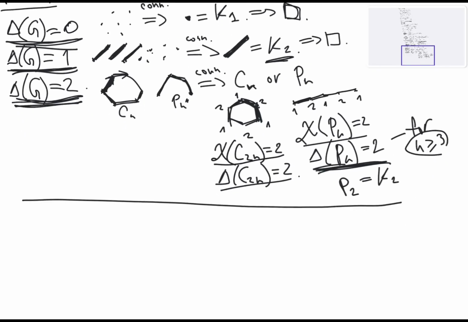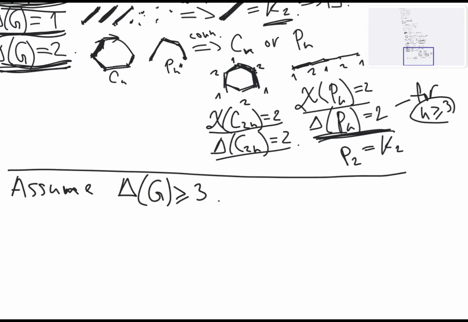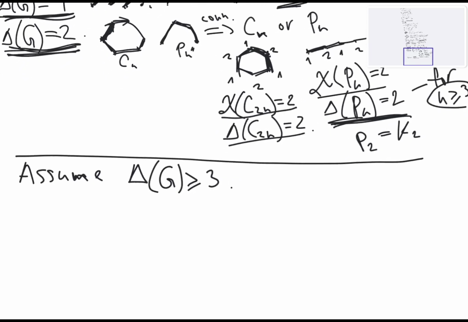So for the rest of the proof we will assume that the maximum degree is greater or equal than 3, and we will use it actually at the variant of the theorem.